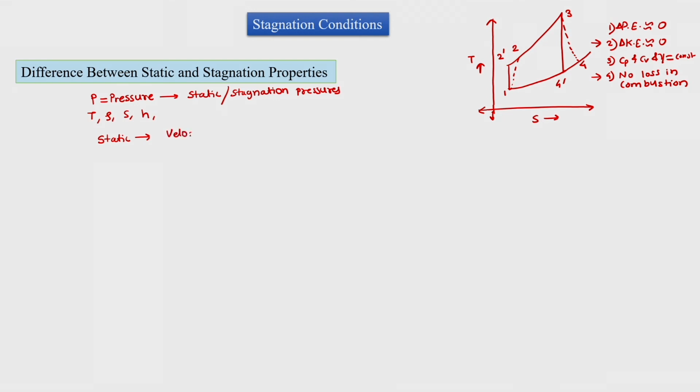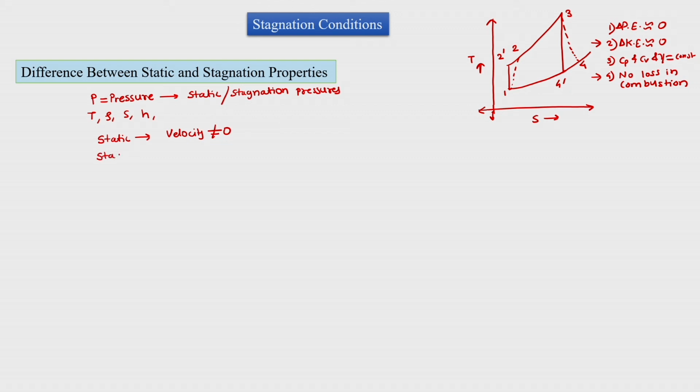If the velocity is not brought to 0 and a quantity is measured, then that quantity is called a static quantity. If it is a pressure, it is a static pressure; if it is a temperature, it is a static temperature. So here velocity is not 0.